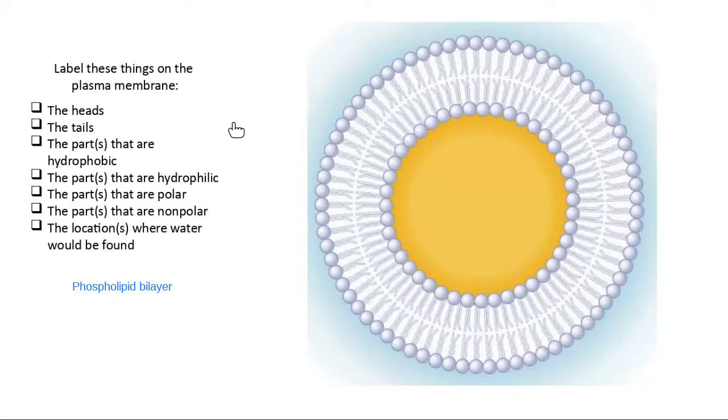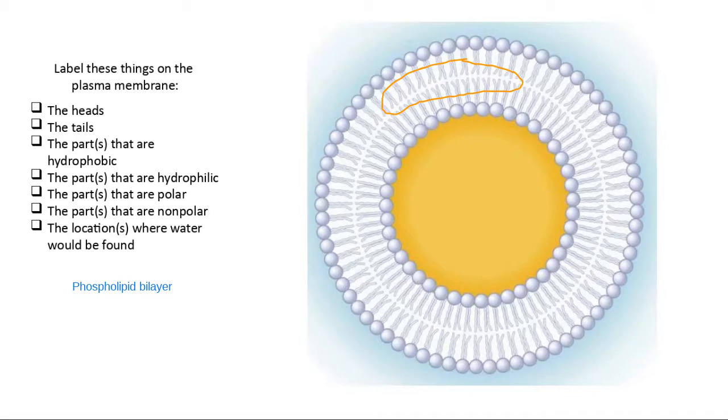Let's start by talking about the two parts that make up a phospholipid. When I'm talking about the parts here in the middle of my membrane, what part of a phospholipid do I call that? Yeah, several of us chiming in.